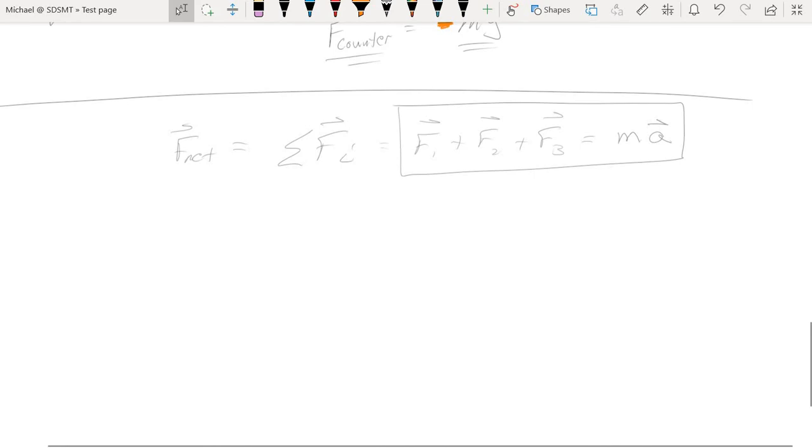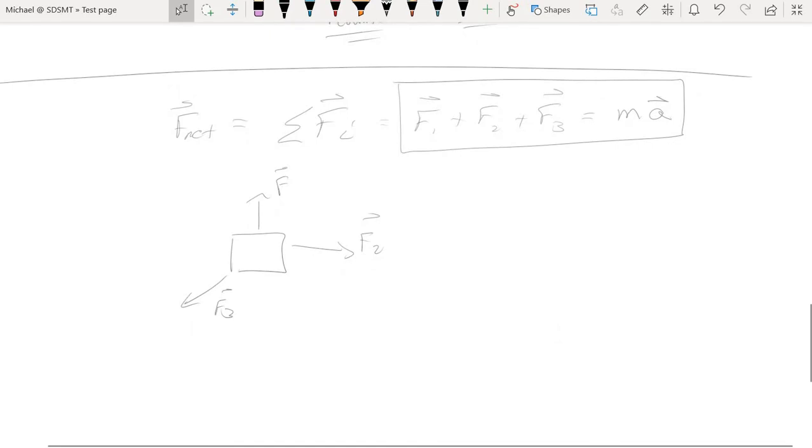The bigger question is, well, how are we going to add those forces together, especially if they're all pointing in different directions? Well, therein lies the vector notations that we've learned back in chapter 3. I don't want to attempt to add together multiple vectors that exist in 2 or 3 dimensions at the same time.